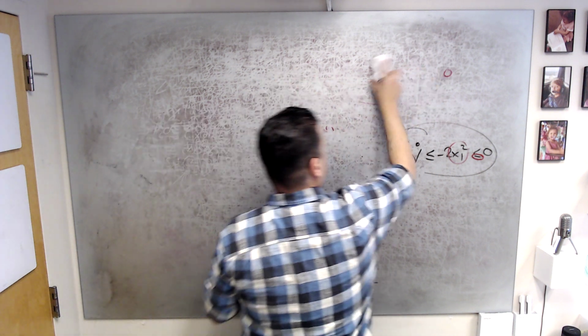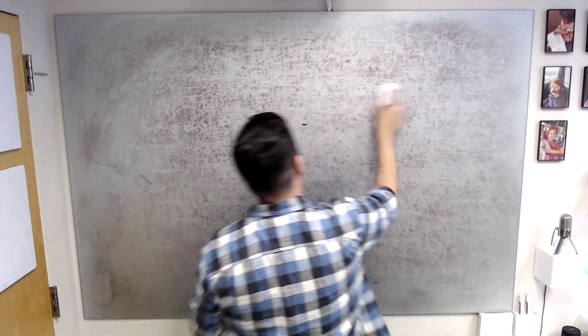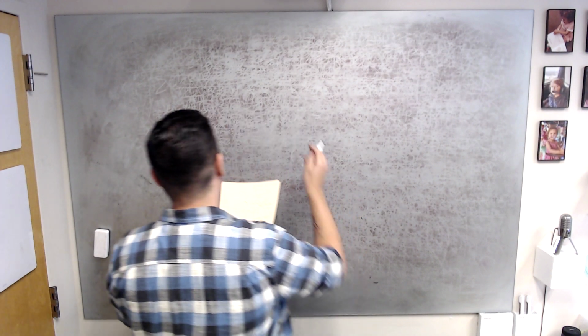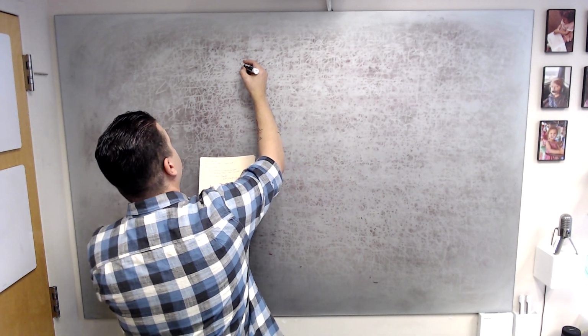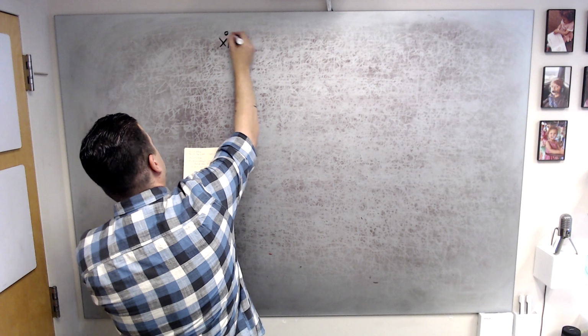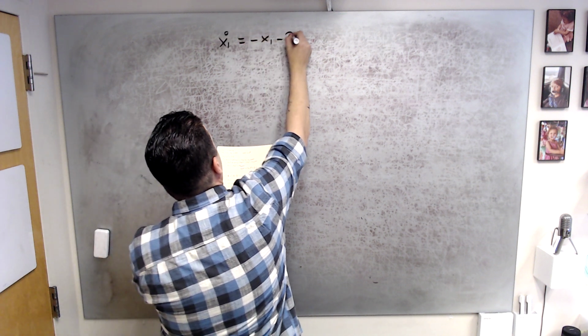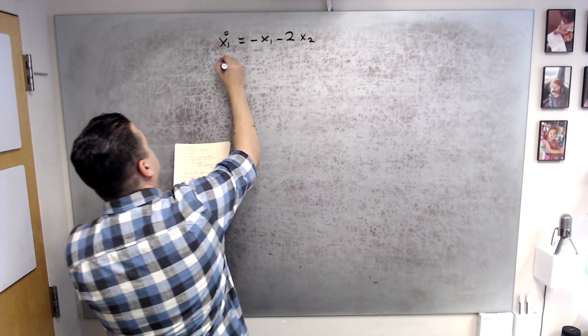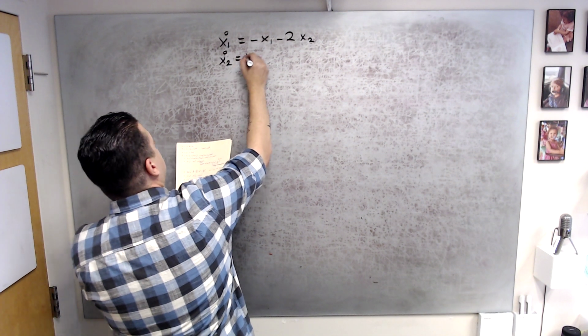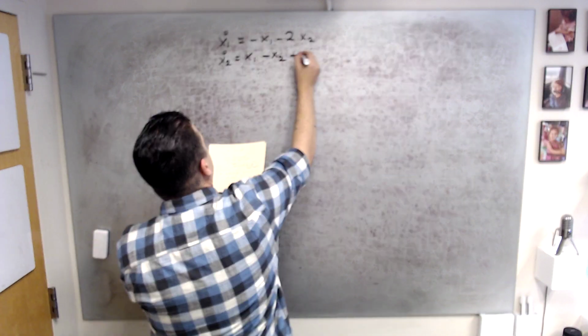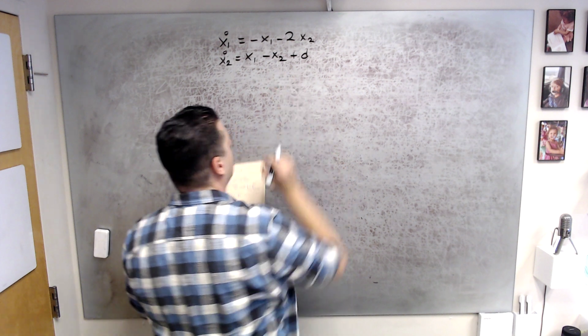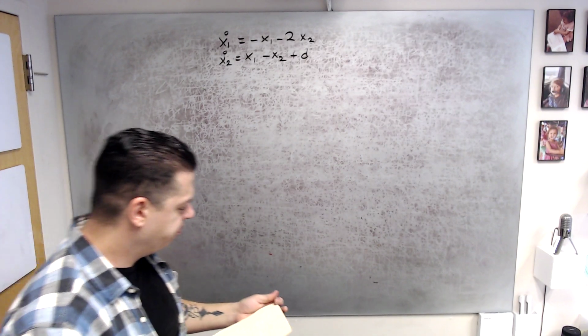All right, so my last example will be about boundedness and global exponential stability. Let's have x1 dot equals minus x1 minus 2 x2, x2 dot equals x1 minus x2 plus some constant disturbance d.